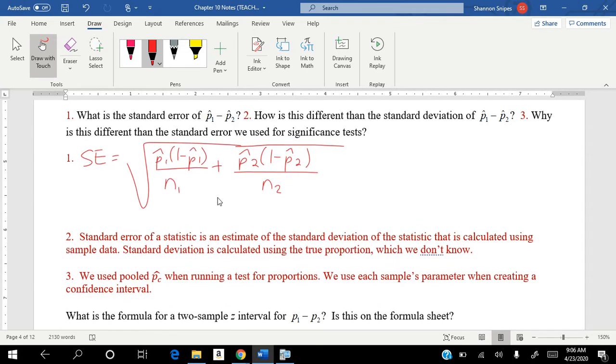So we use the pooled proportion when running a test for proportions. We use each sample's proportion when creating a confidence interval.